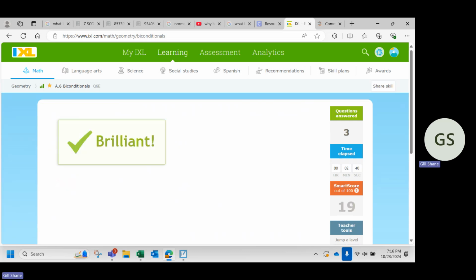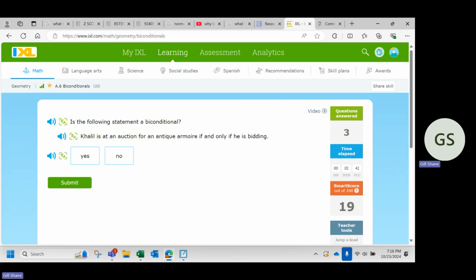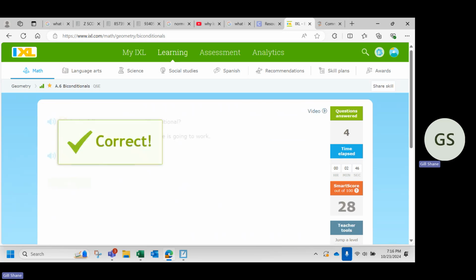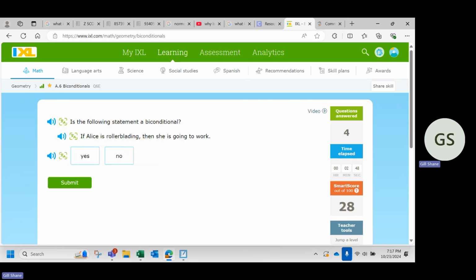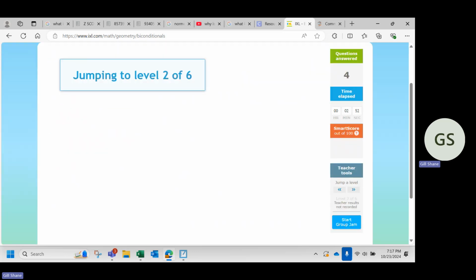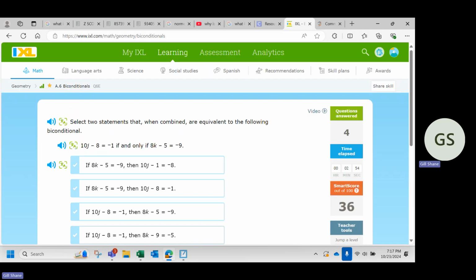So I don't know, I'm just kind of guessing now. It seems like they're all yes, but if and only if he's bidding. So theirs are all yes. I don't agree with these. So maybe I do have to go to the next level. So let's try that. Yeah, here are the ones.